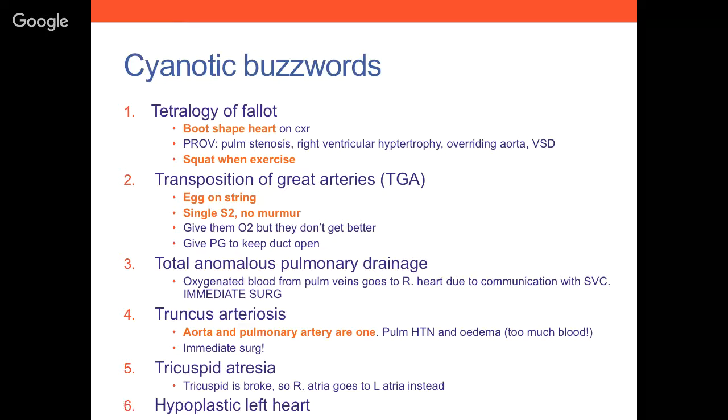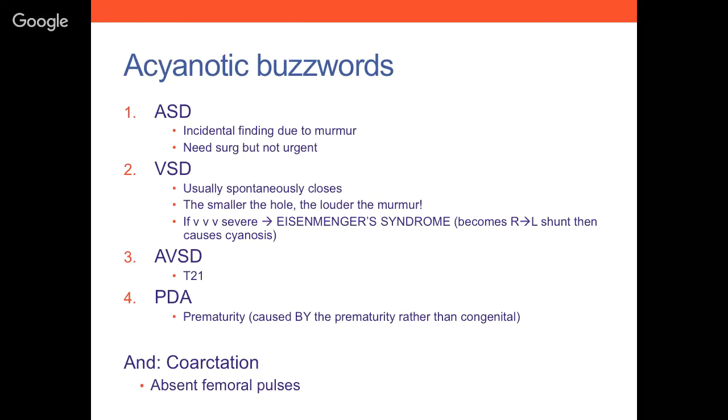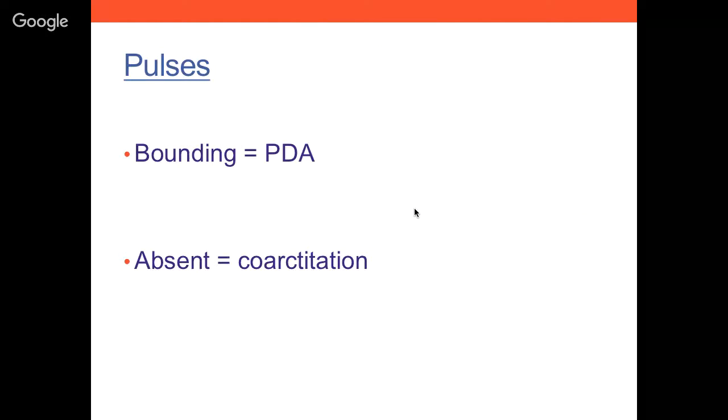Then acyanotic: ASD, so fixed split, VSD, the pansystolic murmur, AVSD, which is trisomy 21, PDA, which is premie, please remember premie PDA, and coarctation, which has the absent femoral pulses. Just to reiterate, bounding pulses is PDA, absent is coarctation.